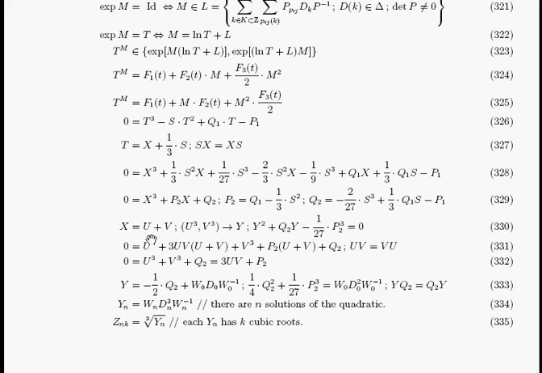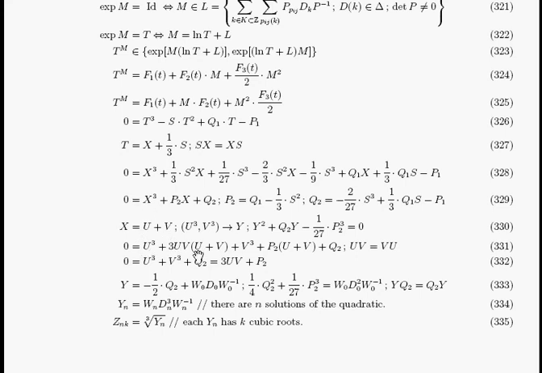X is the sum of U and V. We need to know U and V. U3 and V3 reduce to Y, a quadratic equation, Y2 plus Q2 Y minus a constant equals 0. So if X is U plus V, who is X3?